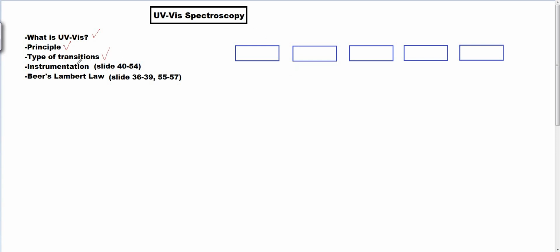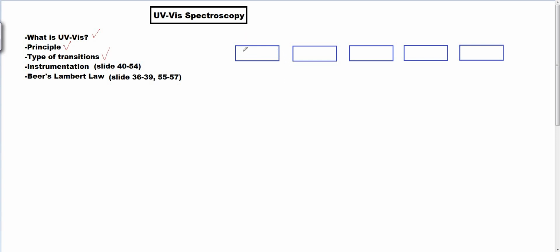Okay, so when we talk about the instrumentation, I believe that you are quite familiar, even though you didn't meet yet the UV spectrometer, but soon when you are going back to the UPM, I think that you have chance to meet this instrument, because it's the most widely used spectroscopy instrument for the qualitative and also quantitative.